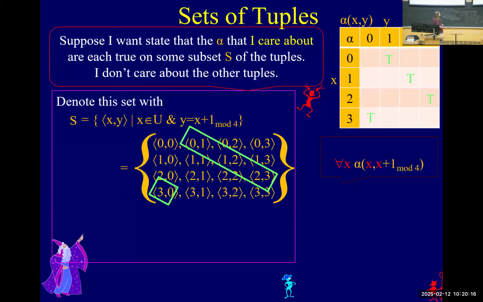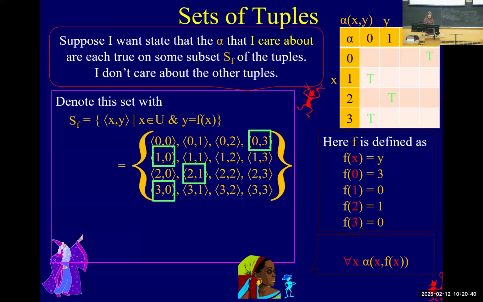Here's a funny one. I want to tell you that for every x, the off-diagonal, x and x plus 1, is true. And I did it mod 4, so it wraps around.